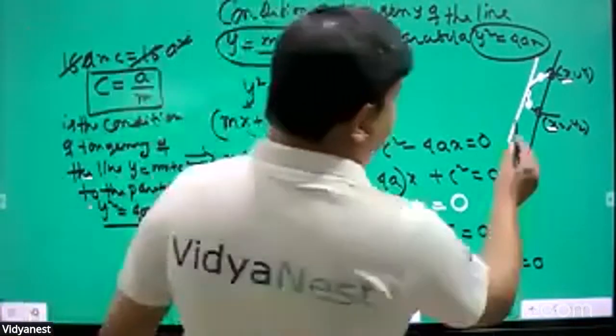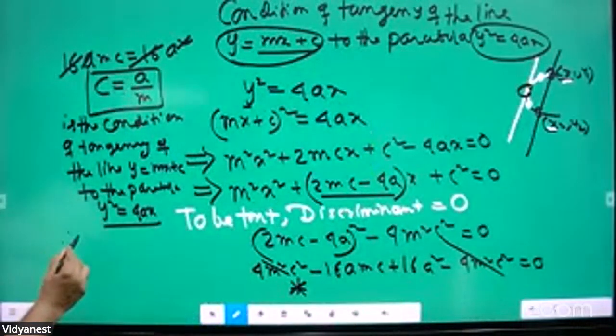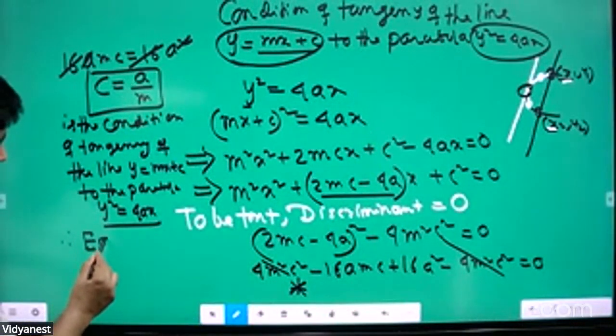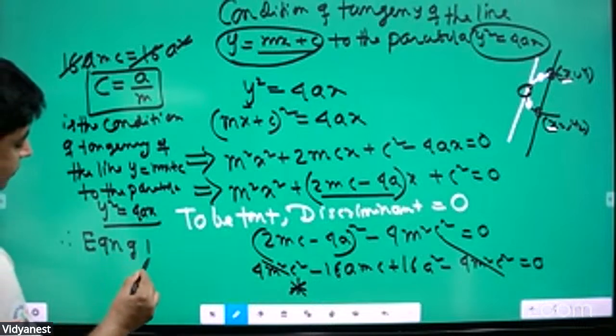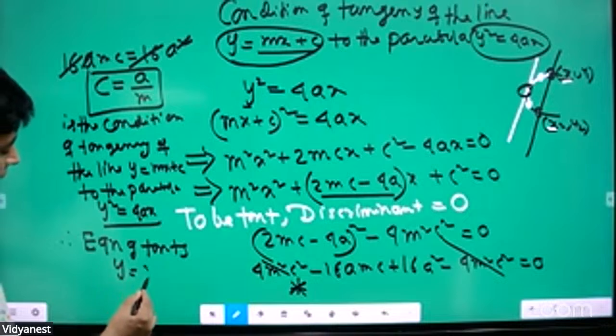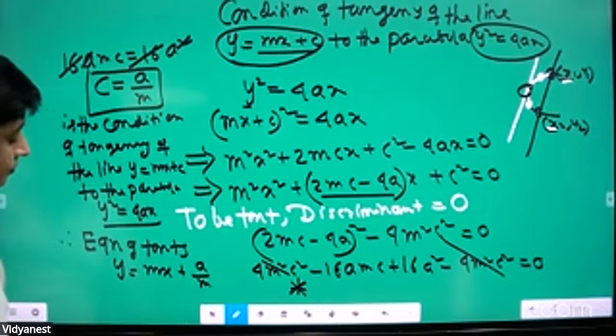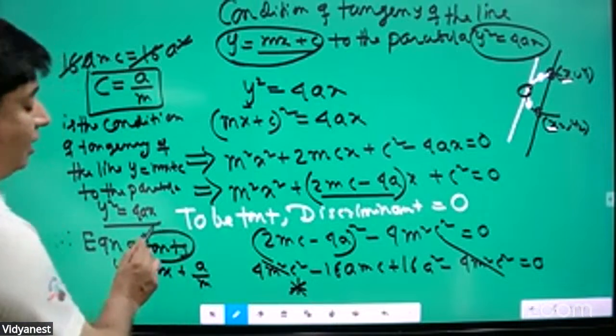Now, what will be the tangent equation then? In place of c, I will put a by m. Therefore, the equation of tangents is y is equal to mx plus a by m. You can ask me, why did you write tangents in plural?